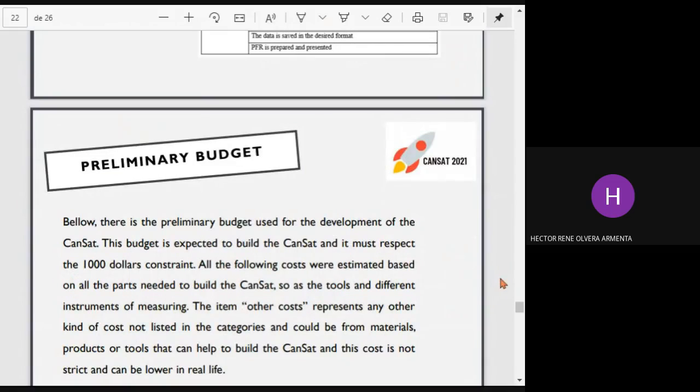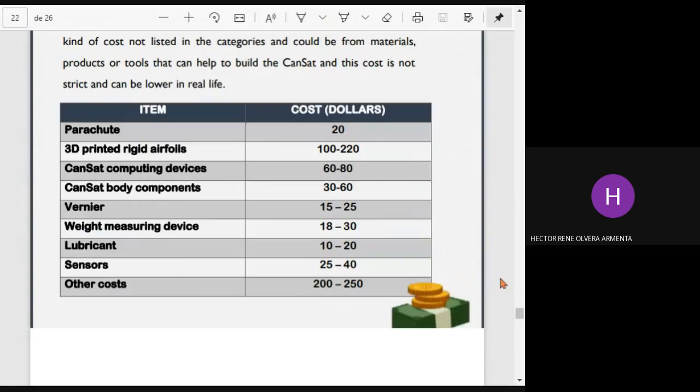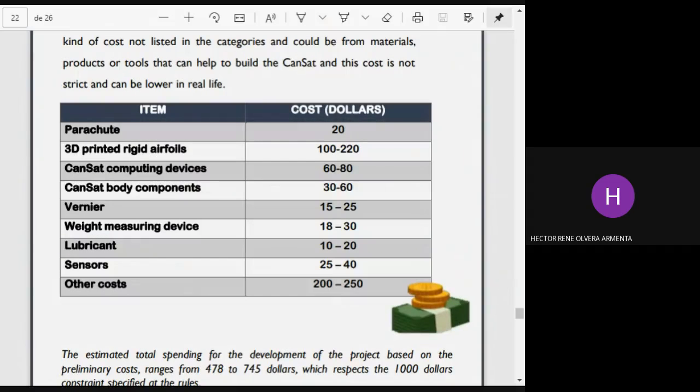Here we have the preliminary budget, where we are trying to put in numbers how much it will be for every single part of our system. As we can see, the parachute could cost $20.